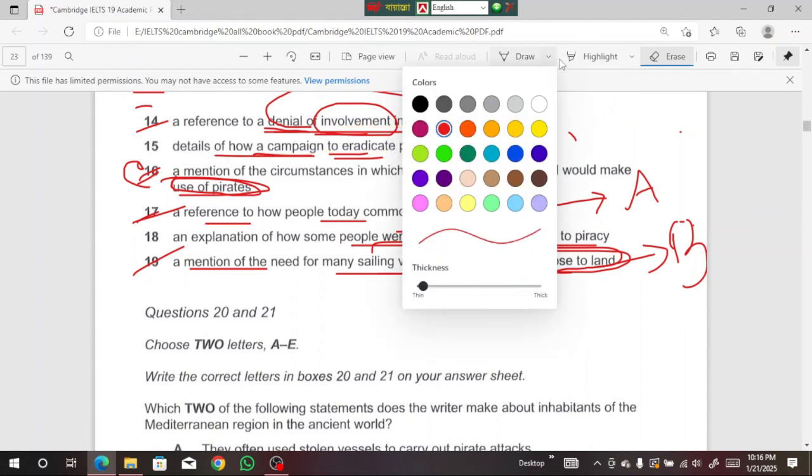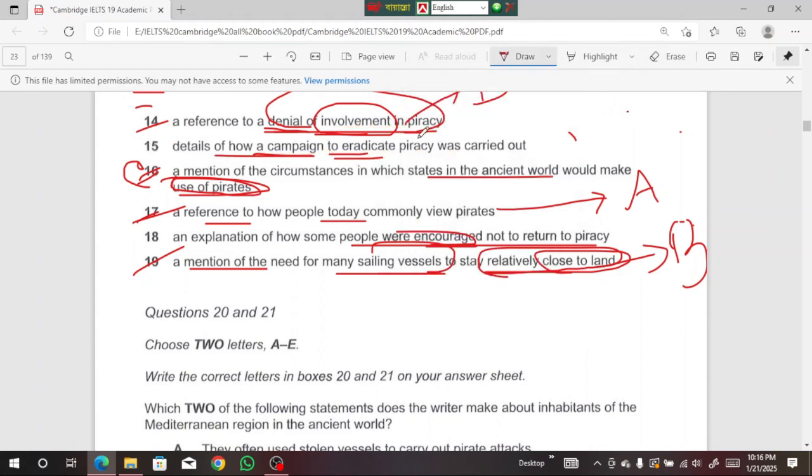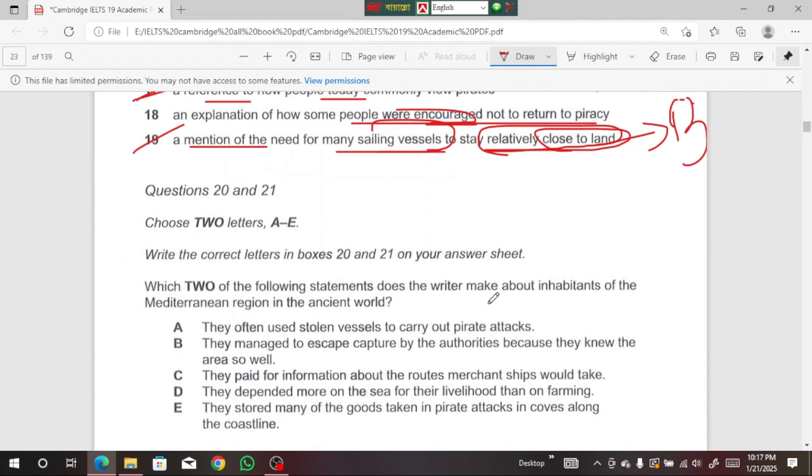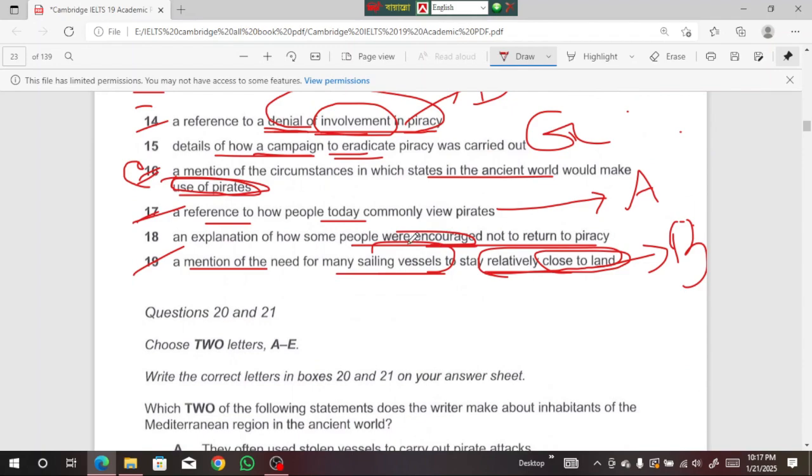We can say the answer of 15 is G, they eradicated. Here it clearly says they eradicated pirates by some means. They offered land, so they could not live at sea instead of being a marine menace. Thus we can decide it clearly, and it encouraged them not to return to piracy.